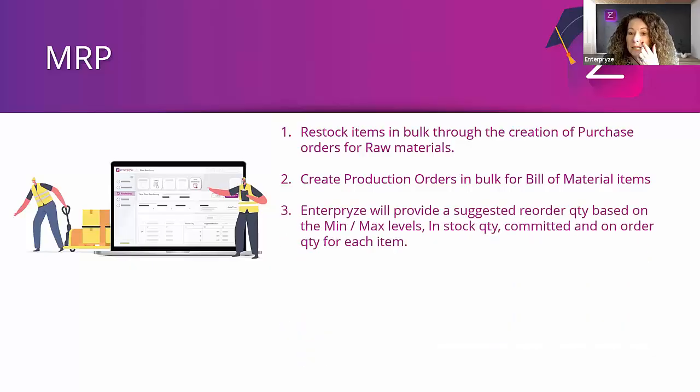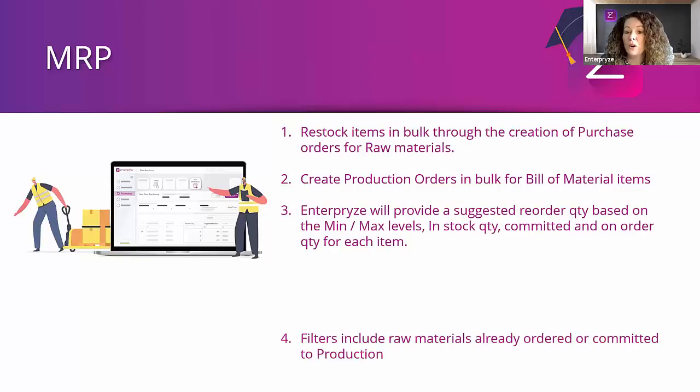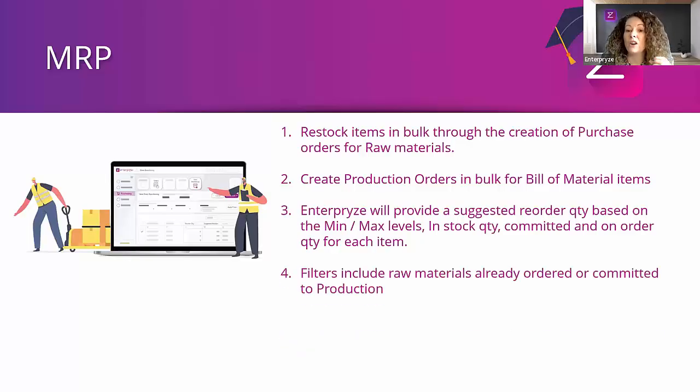So I've mentioned already, we can provide a suggested reorder quantity based on minimum, maximum stock levels, in-stock quantity, what's committed and on order from your suppliers, but also in relation to what's committed and on order for production. We'll be able to see that actually as part of the live demonstration today around our bike.